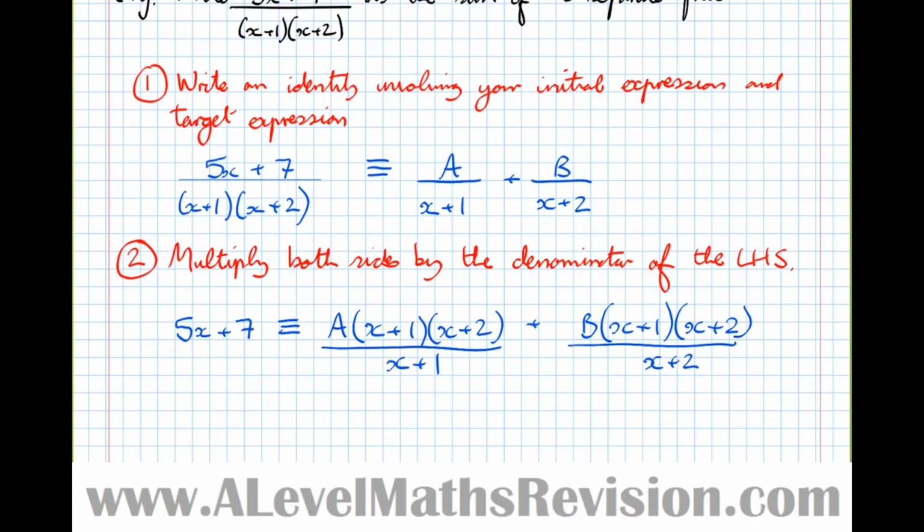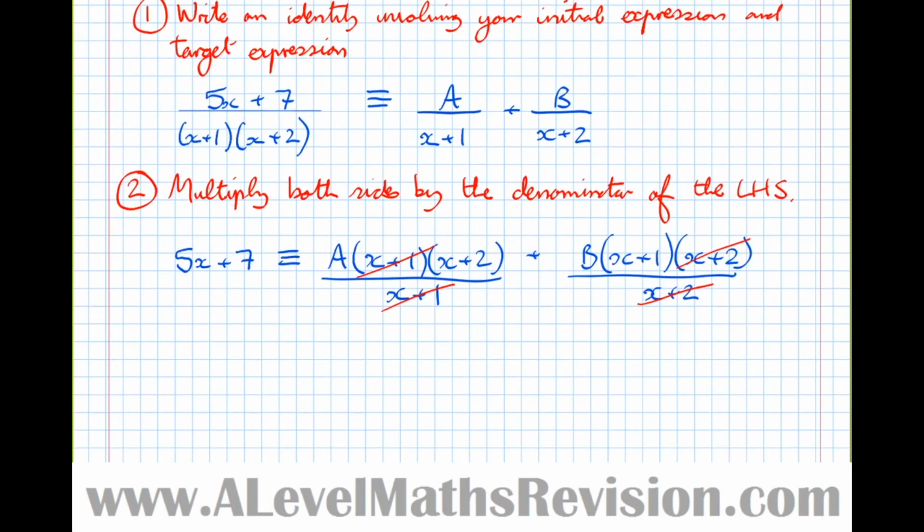And notice we've got a factor of x plus 1 on both the top and the bottom, so those can disappear. x plus 1 over x plus 1 is 1, so we needn't write it. Likewise, they cancel as well. There's a factor of x plus 2 on both top and bottom, so we might as well not write it.